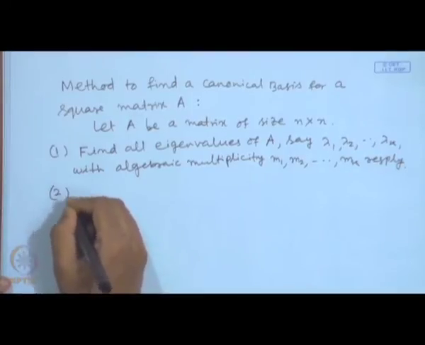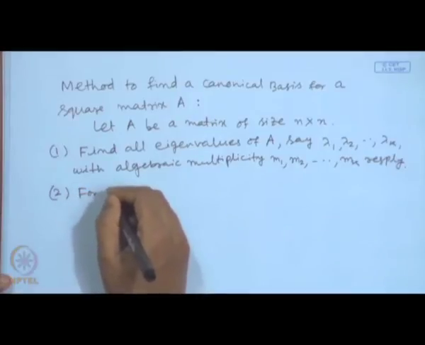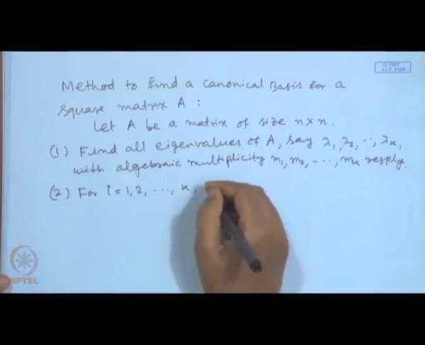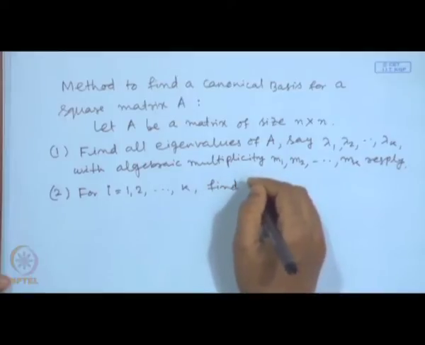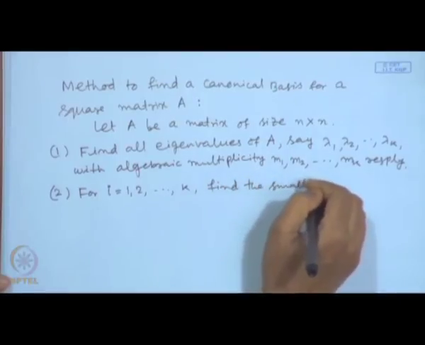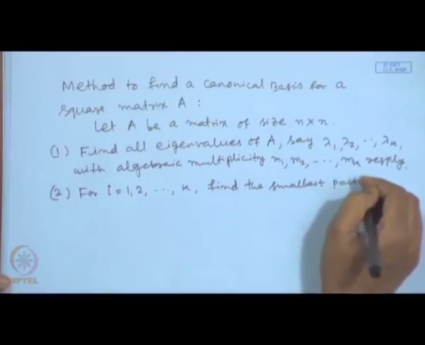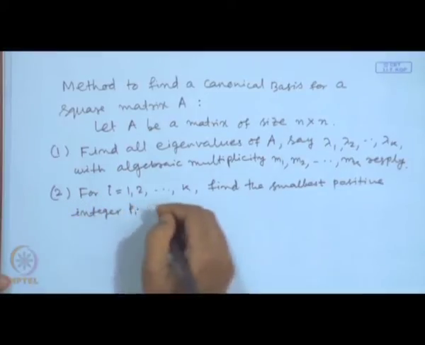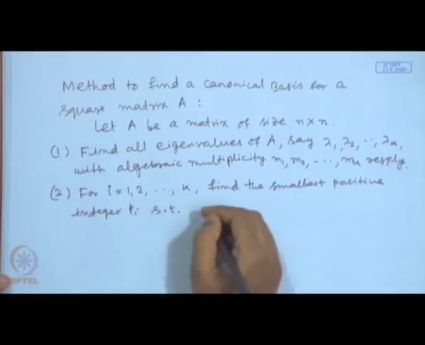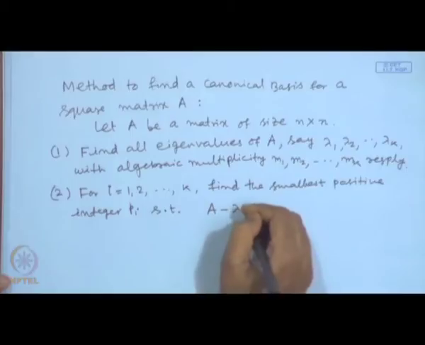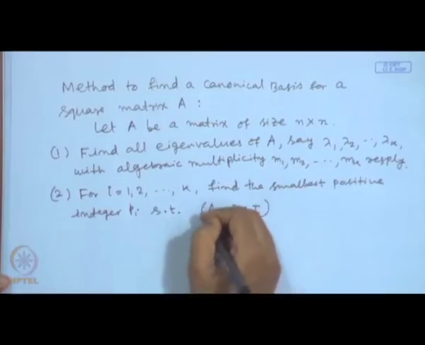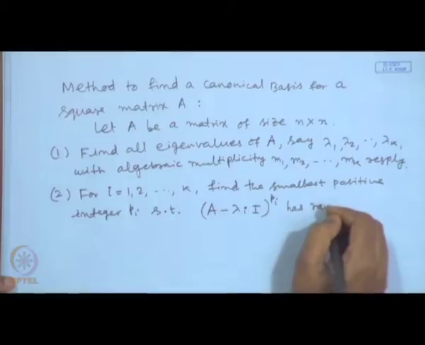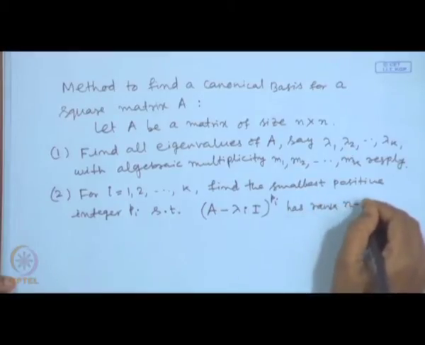So, then next for every i from 1 up to k, we find the smallest positive integer p_i such that (A - λ_i I)^{p_i} has rank n - m_i.